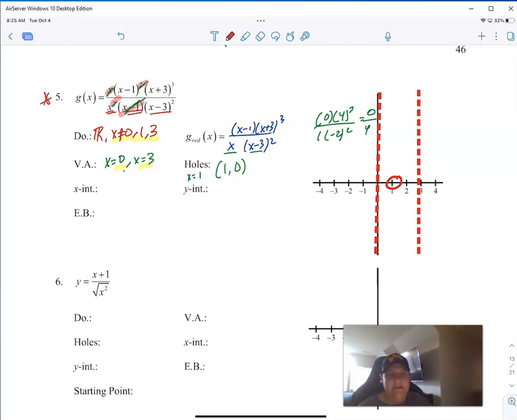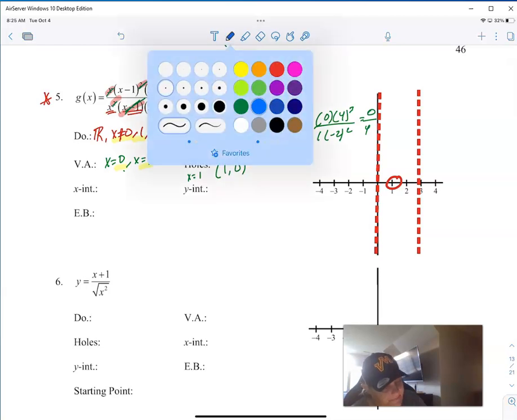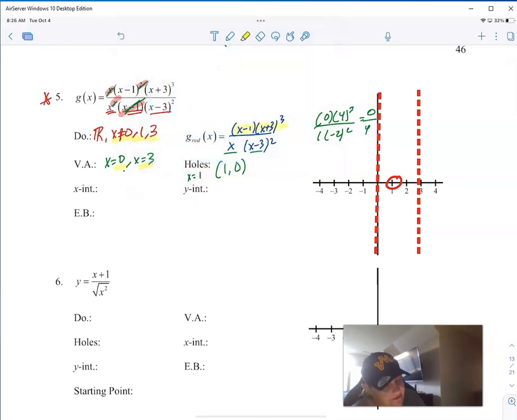All right, x-intercepts. We're going to take the reduced part and set the top equal to 0. So it looks like for my x-intercepts, I should have intercepts at x equals 1 and x equals negative 3. Now at x equals 1, I already know there's a hole, so I can't count it as an intercept. But at negative 3, I have an intercept.